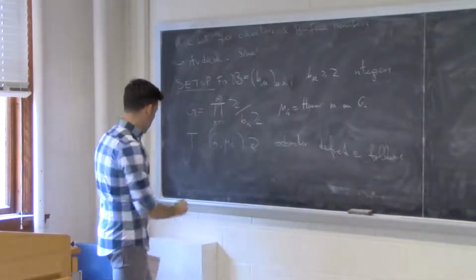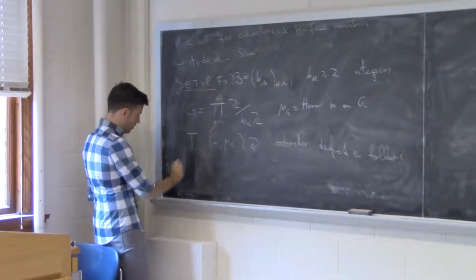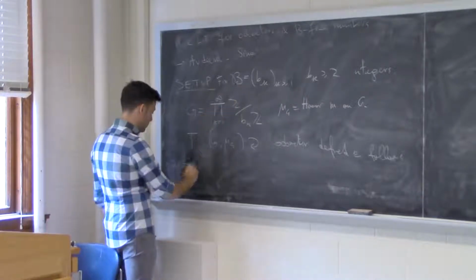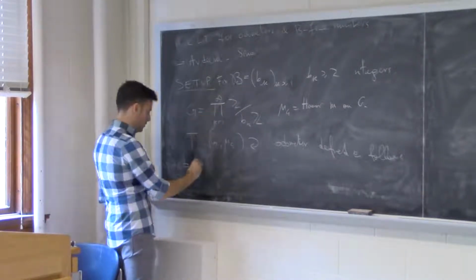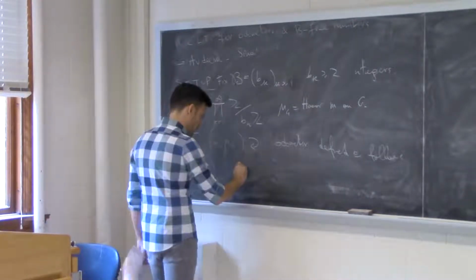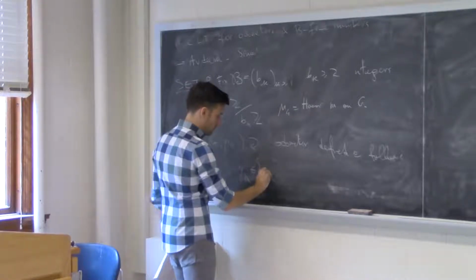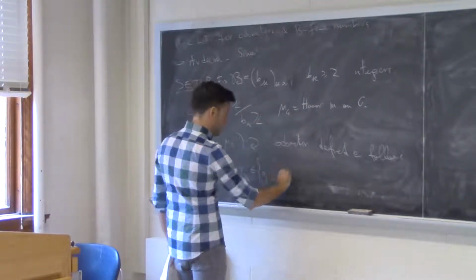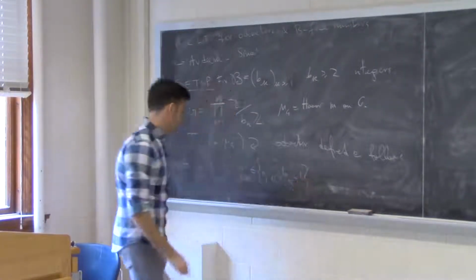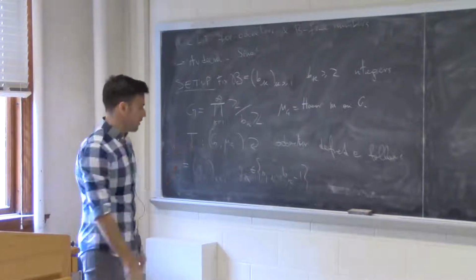An element in G will be written as a sequence (g_k), k greater or equal than 1, where each g_k can range between 0 and B_k minus 1. You think of them as congruence classes modulo B_k in the kth coordinate.